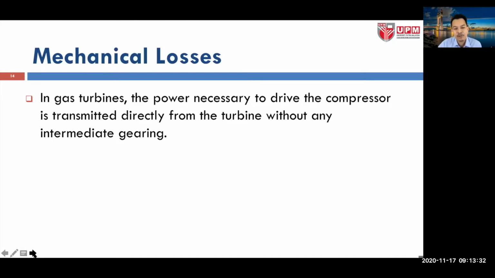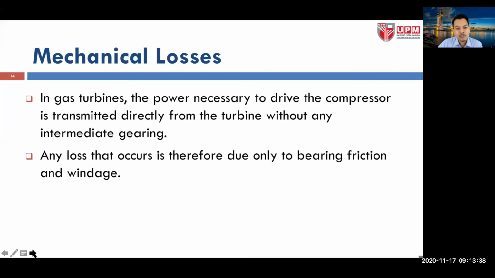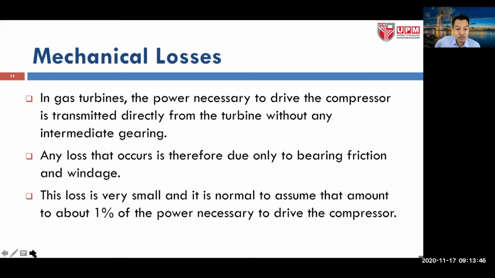So that we already know from our early chapters. Any loss that occurs is therefore due to bearing friction as well as windage. So this loss is very small, and it is normal to assume that it amounts to about 1% of the power necessary to drive the compressor.